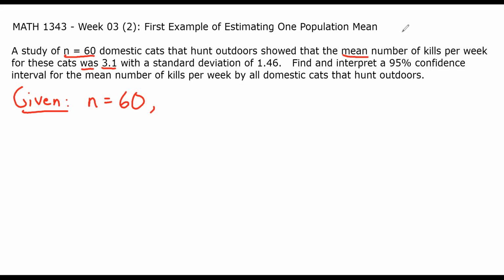It's clearly not true. All right, so our mean was 3.1, and since it's from a sample, the variable is x bar. And right after that, we're given a standard deviation of 1.46. Because we're still talking about the sample, that's lowercase s.